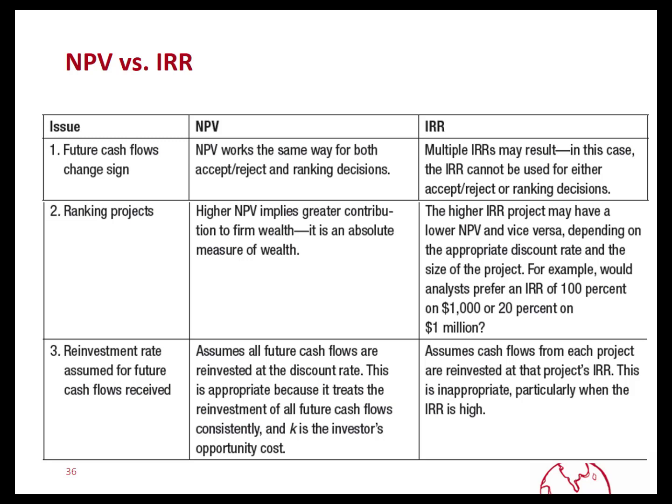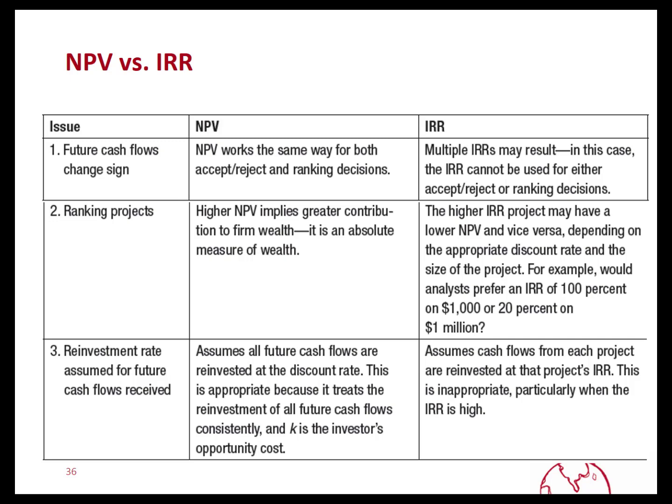So you may be wondering which one's better, NPV or IRR. Well, net present value is going to be better because it works for all types of problems, whereas with internal rate of return, as we're going to see in a moment, there can be some difficulty in both ranking projects as well as dealing with projects that have cash flows that oscillate or vary from positive to negative.